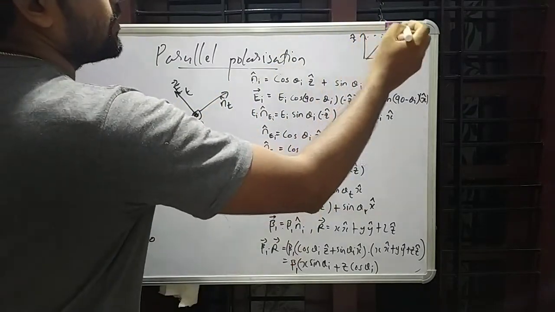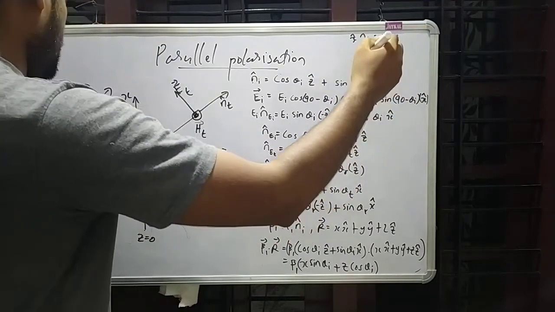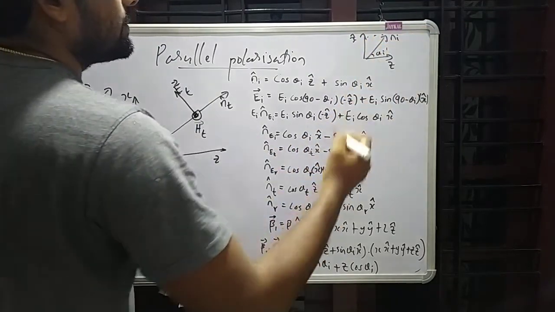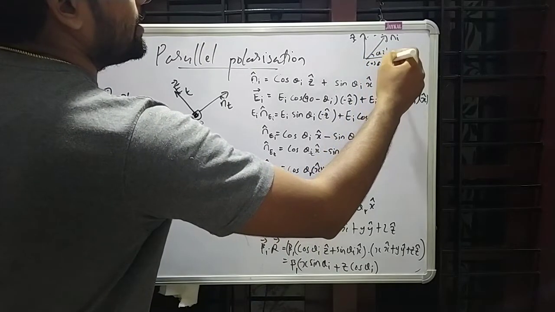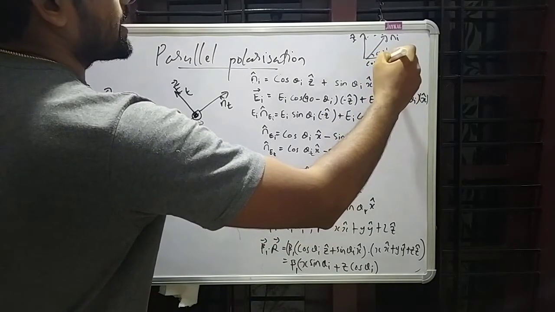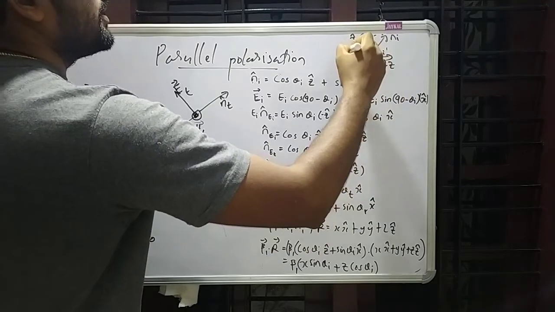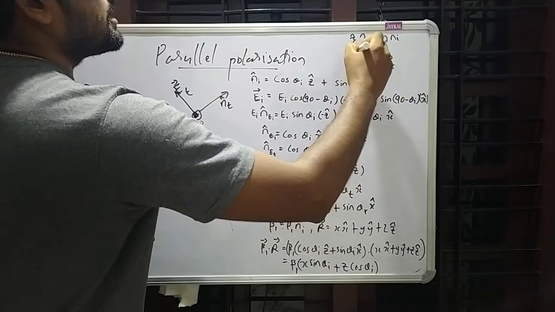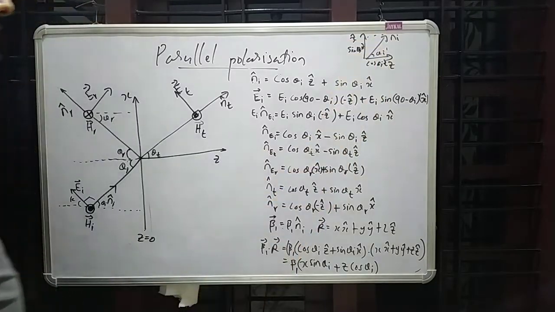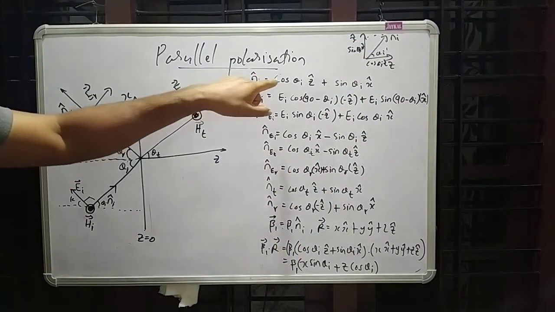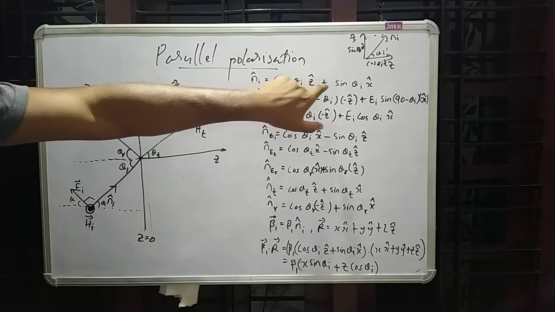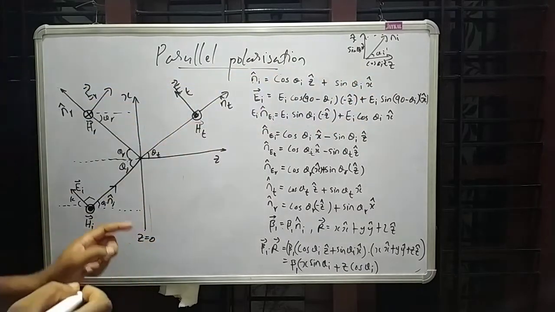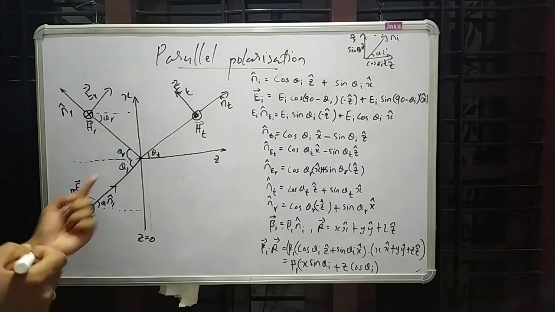So we got two components: if this angle is theta i, this component is cos theta i into z cap, and this component is sin theta i into x cap. So I have written here, Ni cap is equal to cos theta i z cap plus sin theta i x cap. That is the direction of propagation of the incident wave.